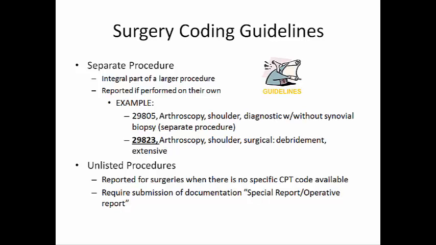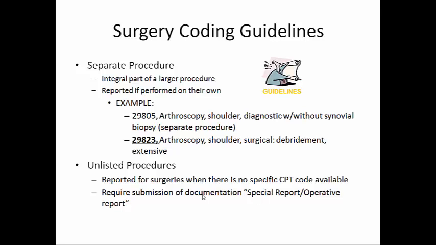In this case, the coder would only choose and code 29823, since 29805 is considered the separate procedure and they were performed through the same incision during the same session. Therefore, the coder would only code 29823.